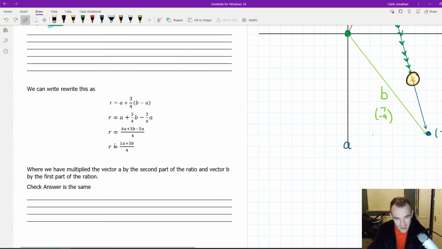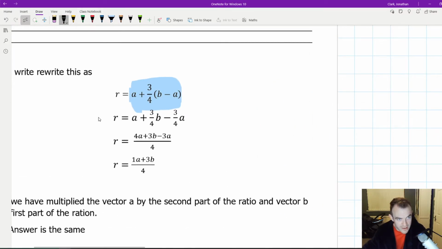Okay. Now there is a formula that is useful, and this might speed things up. Could be like an alternative method that you might use. When we look at the algebra, if instead of plugging vectors in, you simplify it as if it was algebra, you notice we've got some similar parts. In this second line, we've expanded this bracket.